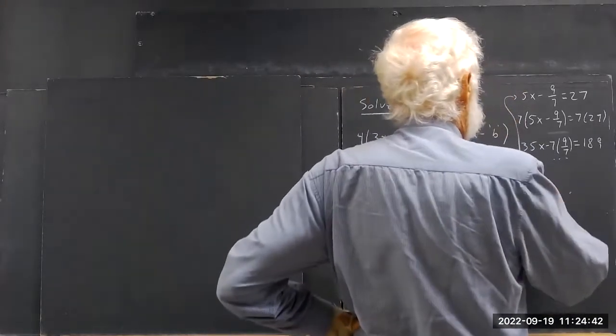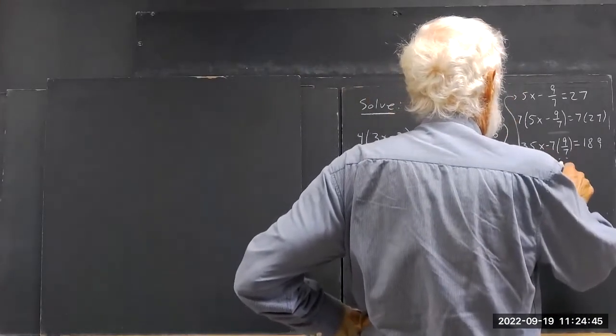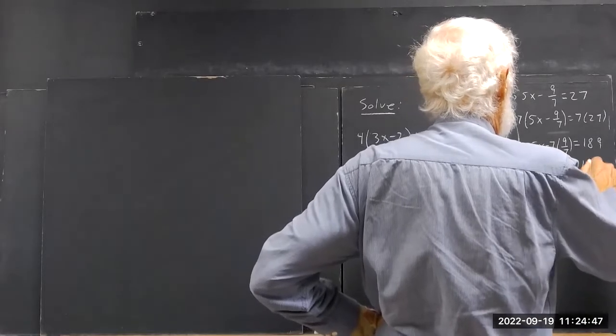So 35x minus 7 times 9 over 7, that's just minus 9, equals 189.